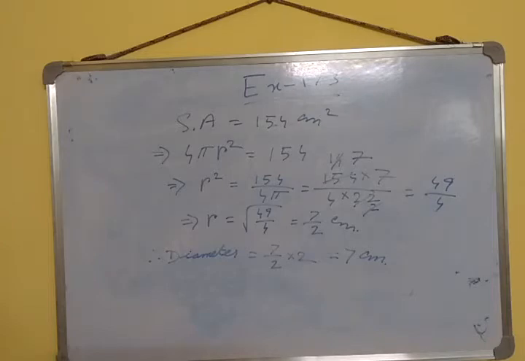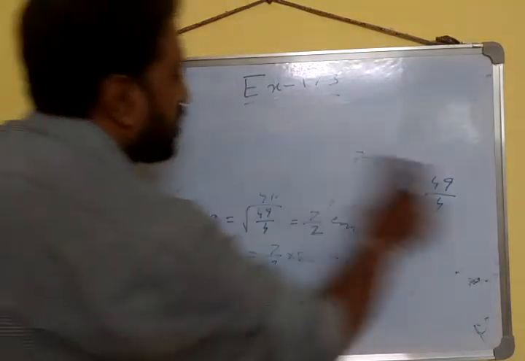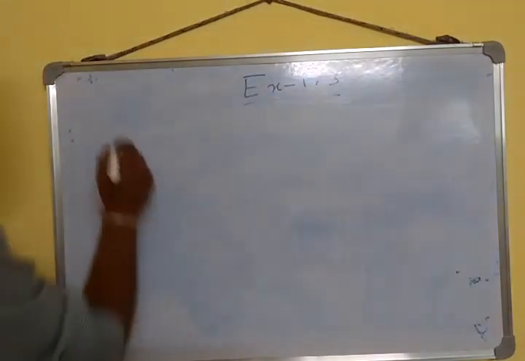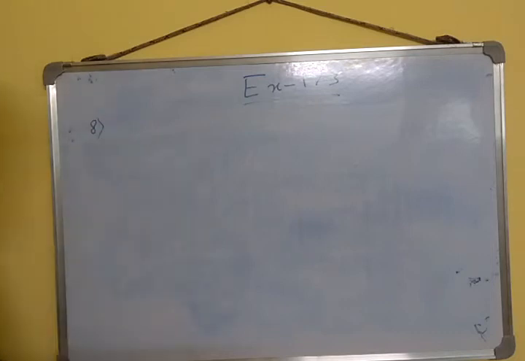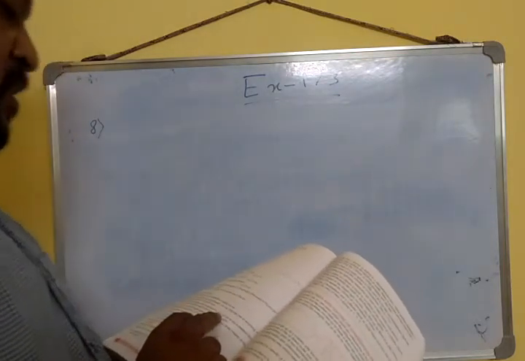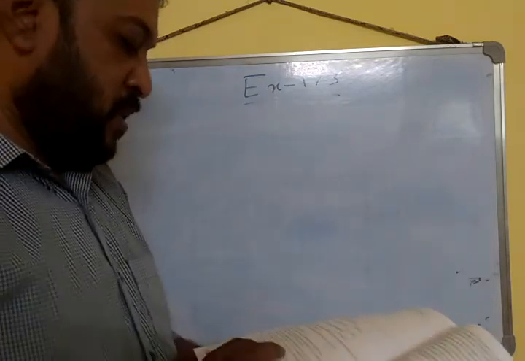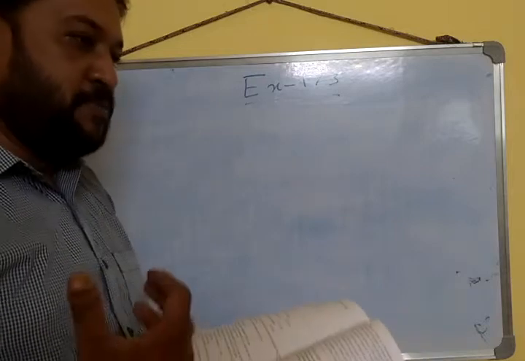Okay, I am going for question number 8. Listen very carefully. We are moving to the question number 8. The question number 8 says, the radius of a spherical balloon increases from 7 centimeter to 14 centimeter as air is pumped into it.